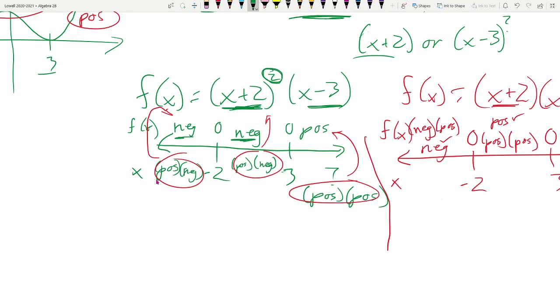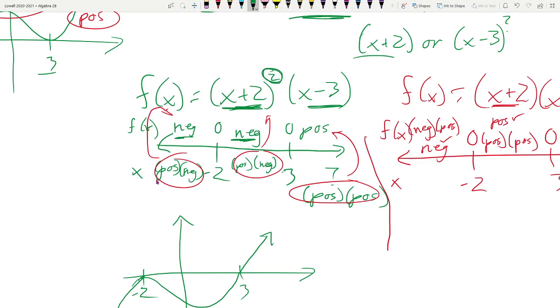And if I was to sketch this function, the graph would actually look something like this. We would start off negative, so here's -2, and at +3, we would start off negative, we'd hit it, and I like to say it bounces off, so it kind of bounces back down, and then eventually it comes back up to hit that x-intercept at 3, and then becomes positive.